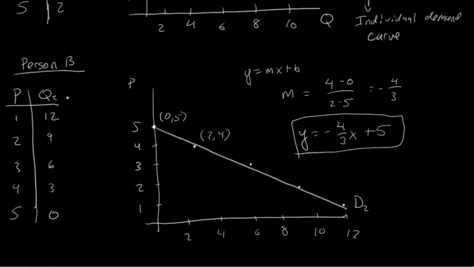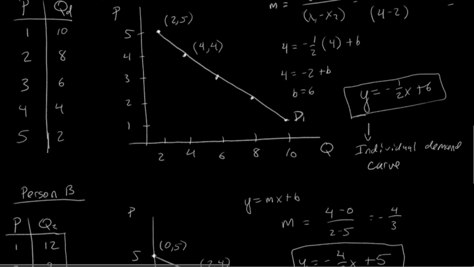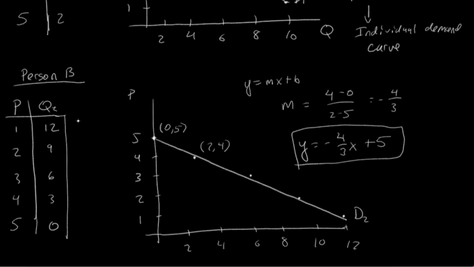If we go up and get our data points from person A, we'll call this Q1. Their quantities were 10, 8, 6, 4, 2.